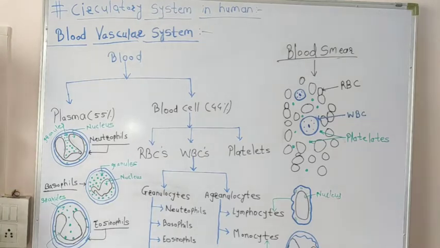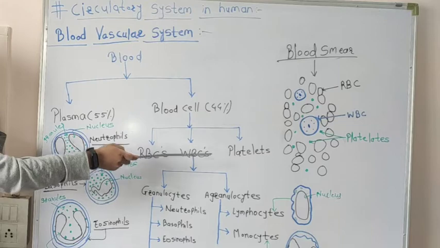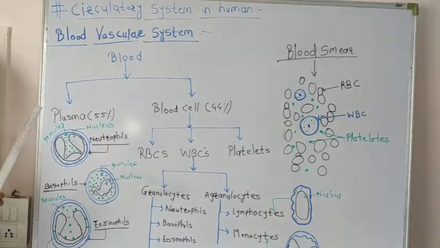Now we will see the blood cells. We have already seen that blood cells get divided into three types: RBC, WBC and platelets. Basically, these blood cells are also called formed cells or formed elements. Why are they called formed elements?